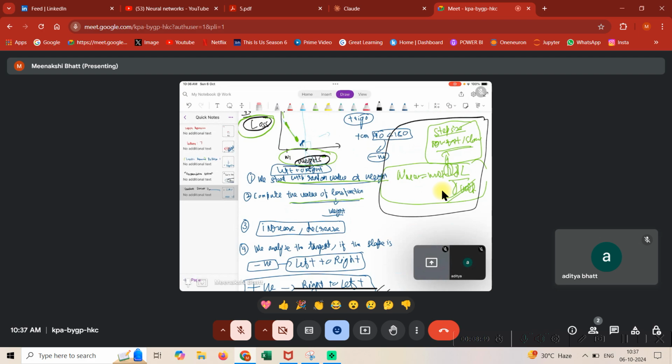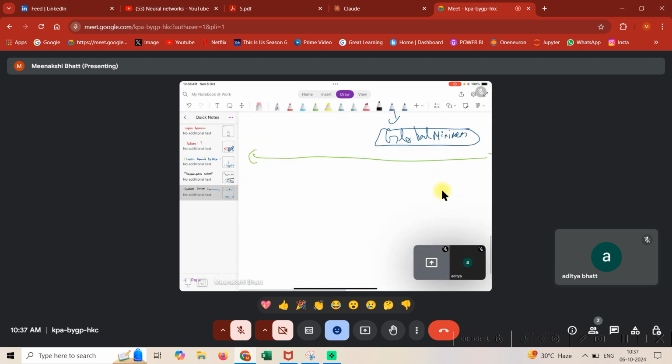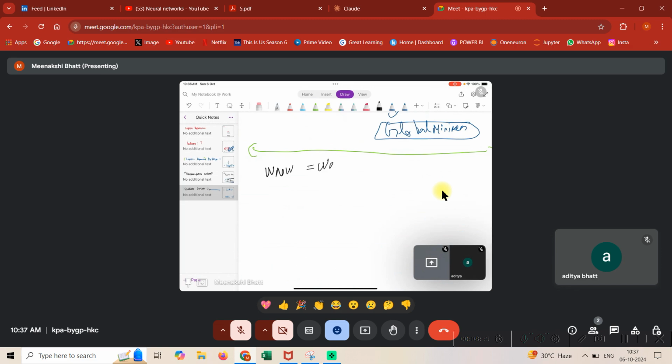So on this note, I would like to give you a last summary, that this is the equation that we need to remember. Let me just write it again. W new is equal to W old minus learning rate, rate of change of loss with respect to W old. So see guys, simple.